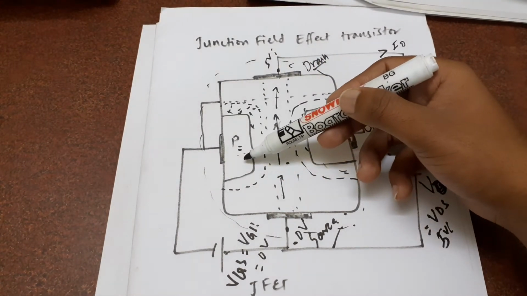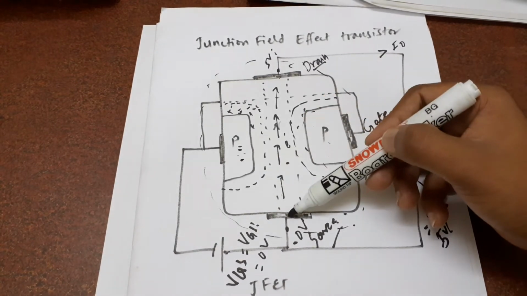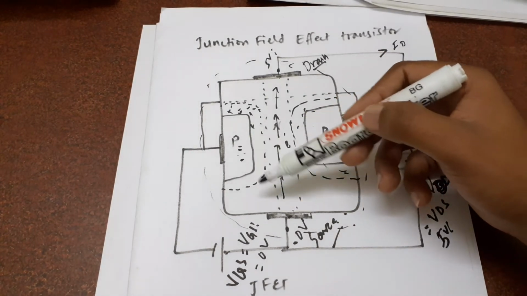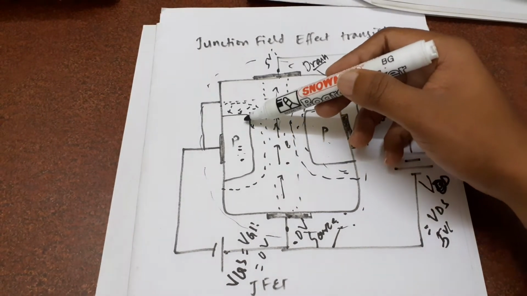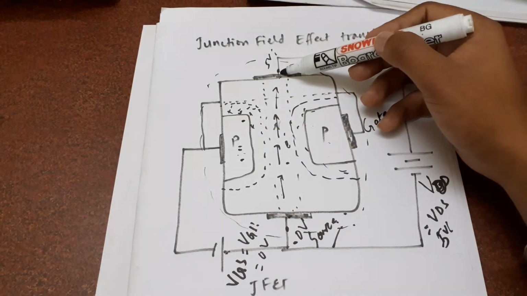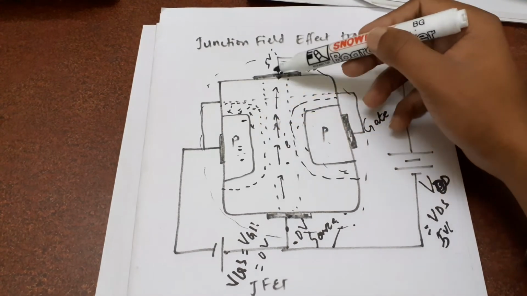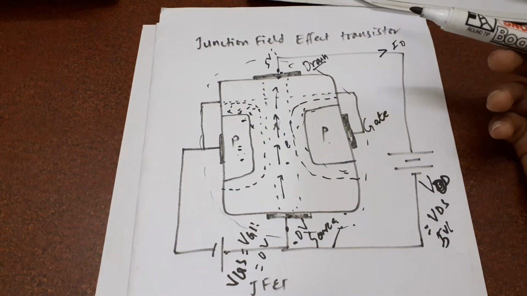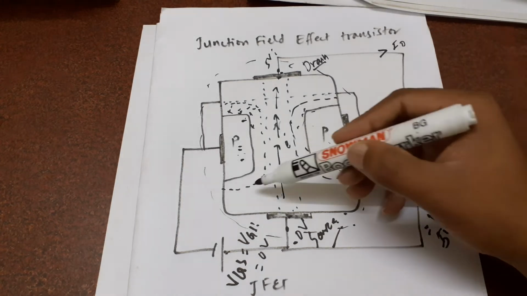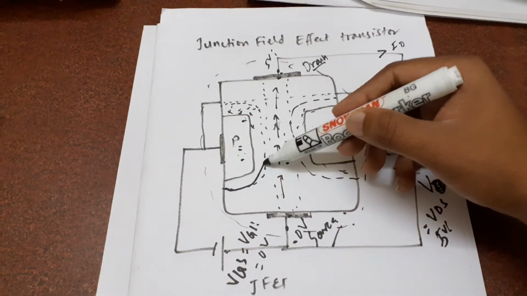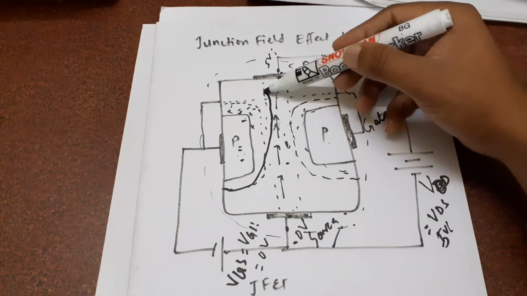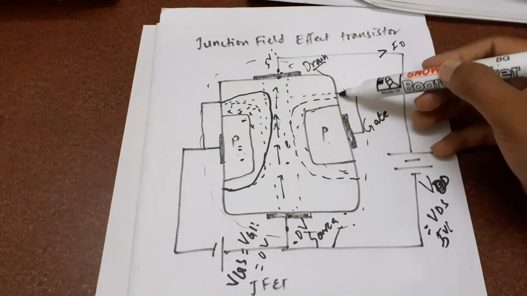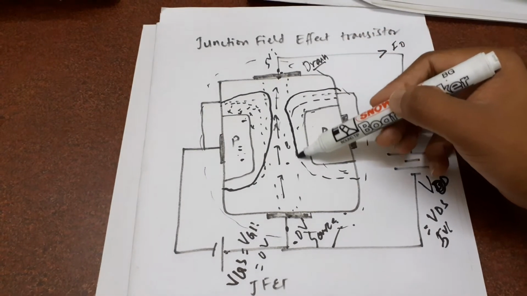So the voltage difference between this gate and this region is the same, that is 0, but the voltage difference between this gate terminal and this region of the JFET is 5 volt, and that we can consider as a reverse biased diode. So the depletion layer spreads more towards the drain region than the source region.